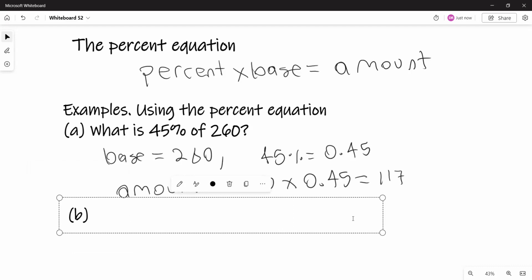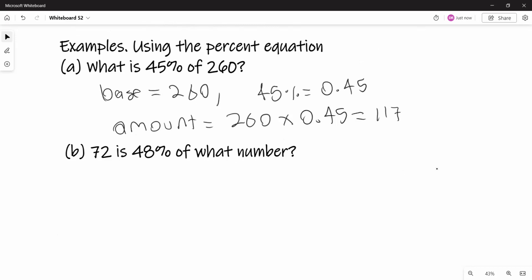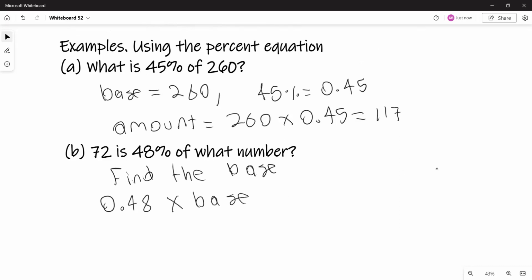72 is 48% of what number? So now we know the amount and the percent. We need to find the base. According to the percent equation, 48% of the base is 72.